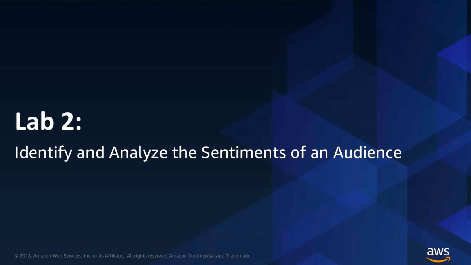In this particular case, our application will be to identify and analyze the sentiment of an audience in real time. But before we actually get into extending this project, we're going to take a closer look at how you could actually train your own face detection model using Amazon SageMaker.